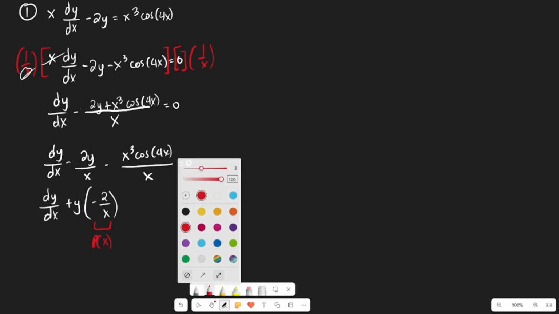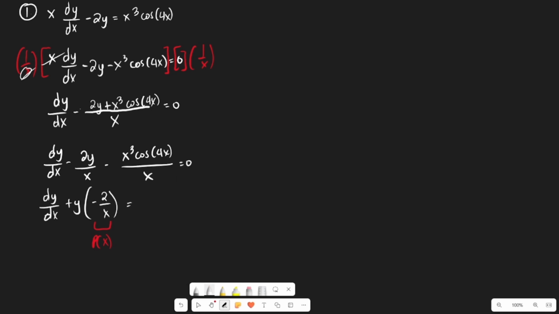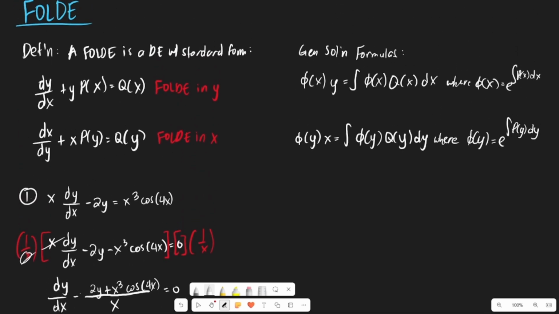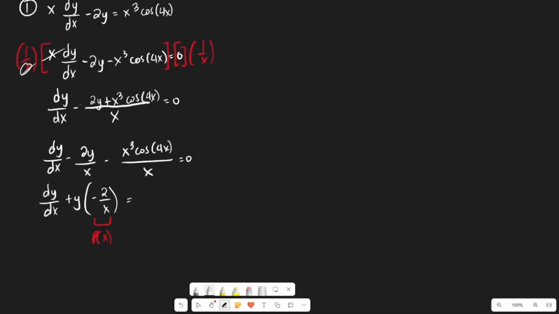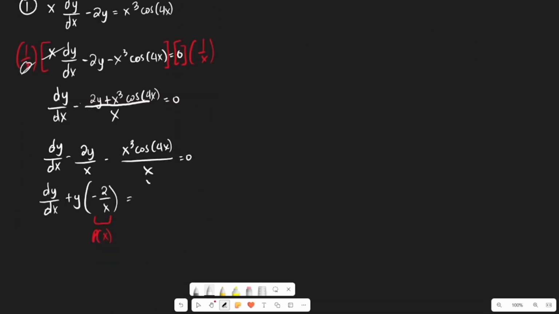Now the rest of the equation just contains x. So in order to have the actual standard form of a FOLDE in y, we need to transpose this whole term onto the other side of the equation.